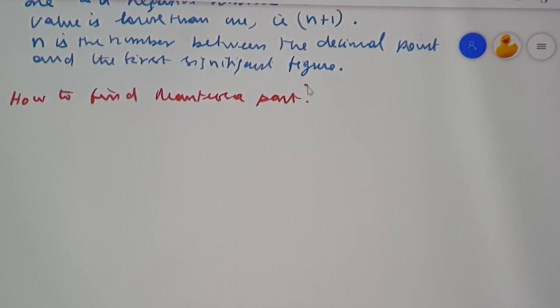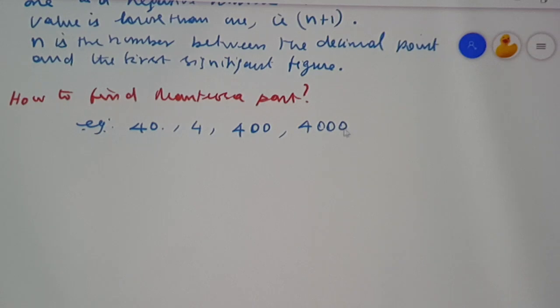See, let us consider it with the help of an example. I am taking a number. See, for example, I am considering a number 40. Or I can consider a number as 4. Or I can consider a number as 400. Or I can consider it as 4000. Like this. First of all, I am writing the logarithm value for 40. For this number, I have to write the characteristic part.